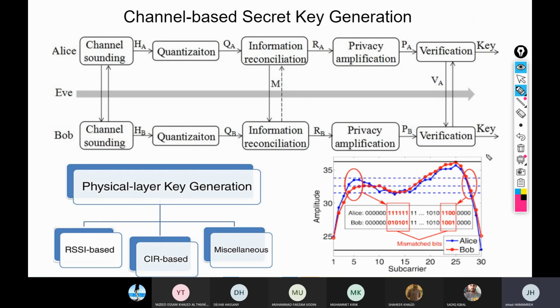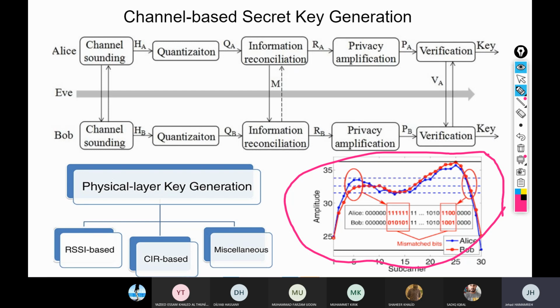And as you can see here, we have the channel at Alice colored in blue and the channel at Bob colored in red. So these are the estimated channels at both sides, and as you can see, there is slight difference between them. This difference is due to the reasons I just mentioned, like RF front-end difference and interference difference.